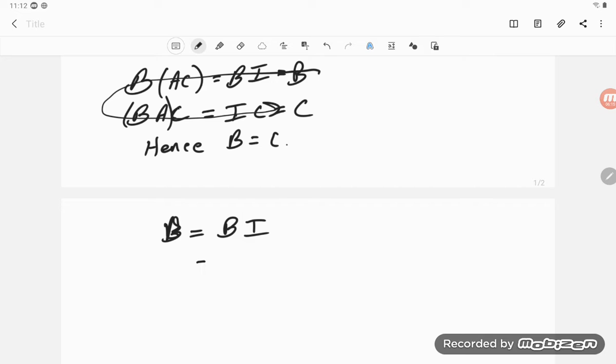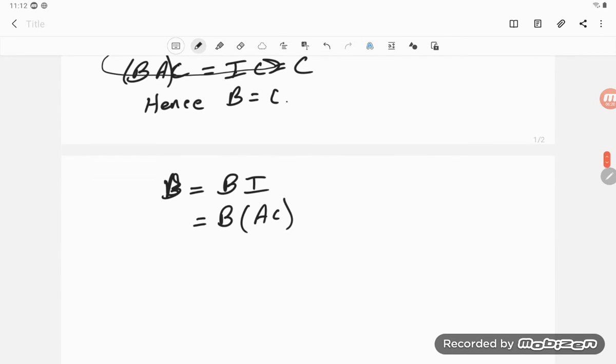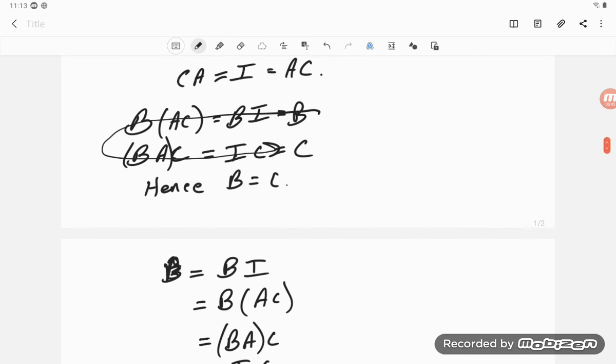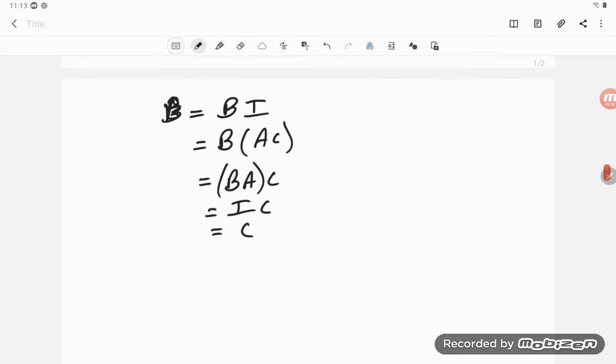But I could write I as AC. And then I could reassociate and get my B times A, which is I times C, which is C. And there I've got a nice string of equalities all the way from B to C saying they're equal. So that's a really nice way to clean up what I did up there. So there's our proof that they're unique.